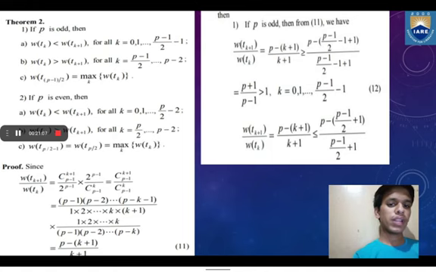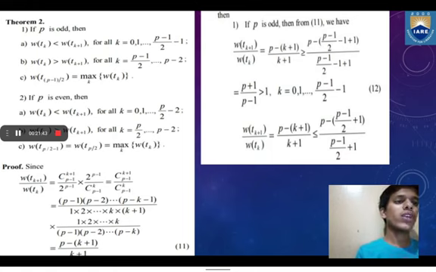So W(tk+1)/W(tk) is equal to C(p−1,k+1) divided by 2^(p−1), over C(p−1,k) divided by 2^(p−1), which is equal to C(p−1,k+1)/C(p−1,k). If we expand this, the expression is equal to (p−k−1)/(k+1).